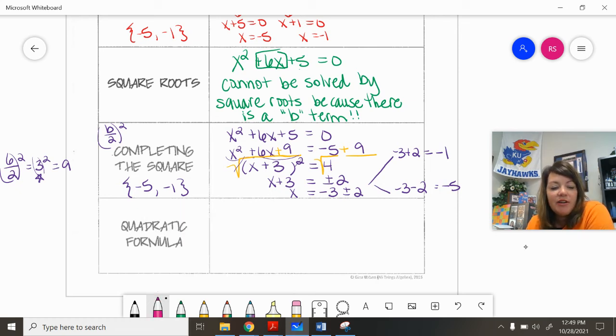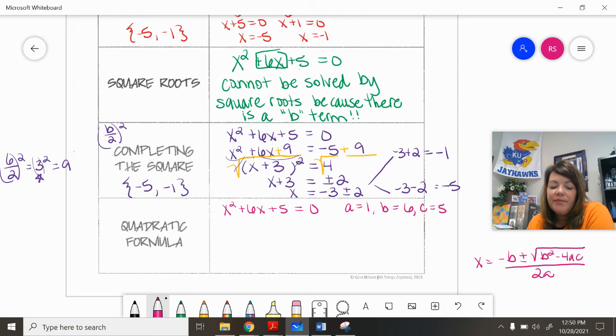Okay, remember the quadratic formula: x equals the opposite of b plus or minus the square root of b squared minus 4ac, all over 2a. So if I'm solving x squared plus 6x plus 5 equals 0 by the quadratic formula, a equals 1, b equals 6, and c equals 5.